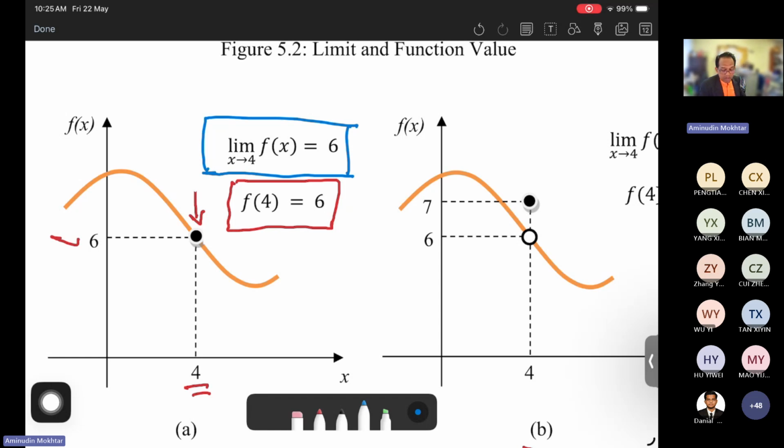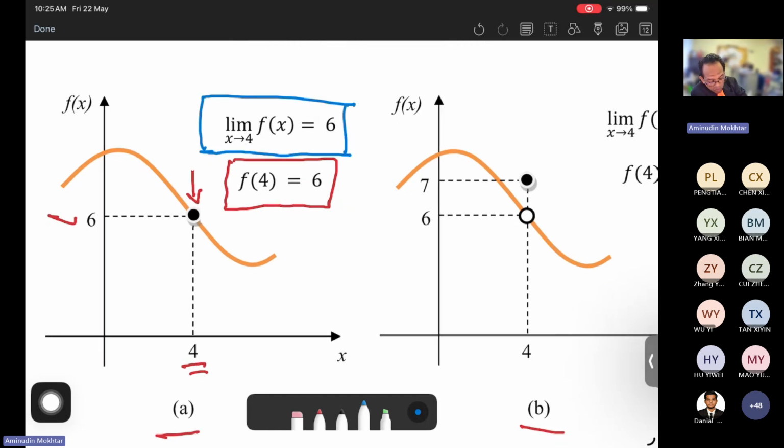When we're talking about the limit, we want to know what happened to the function when x approaches 4, whether from the right or from the left. Based on the graph, we just check the line.